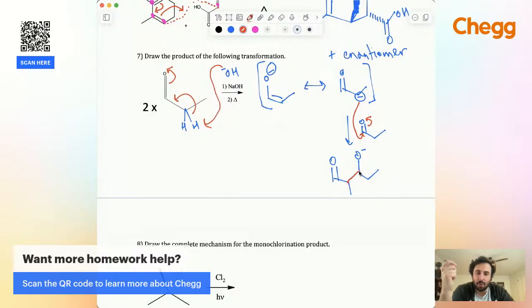And then we attacked what was the carbonyl carbon, right? This used to be a carbonyl right here, but this carbon attacking right there caused the pi bond to go up onto the oxygen. So we've got our oxyanion. And this is aqueous, so let's just grab a proton from water.